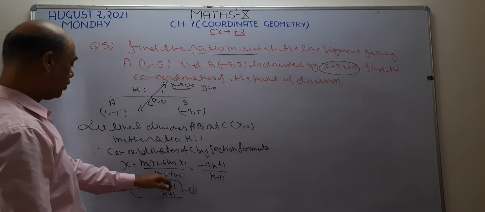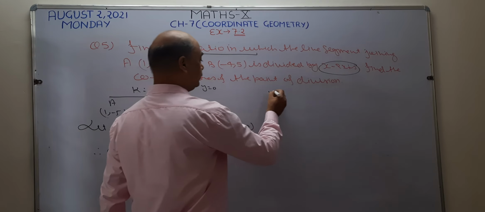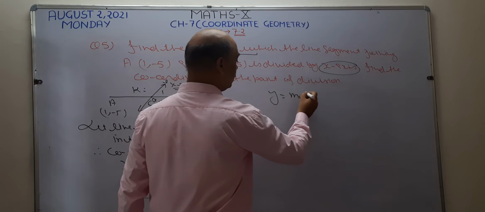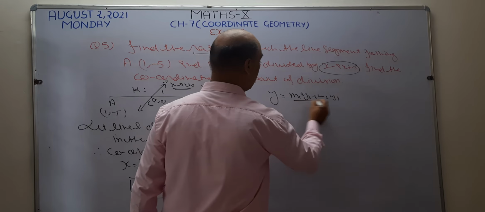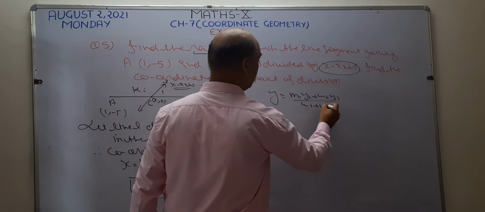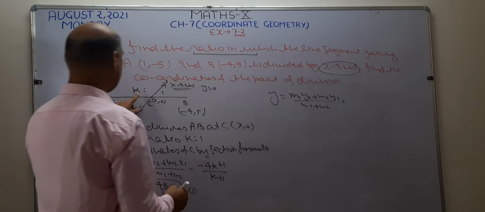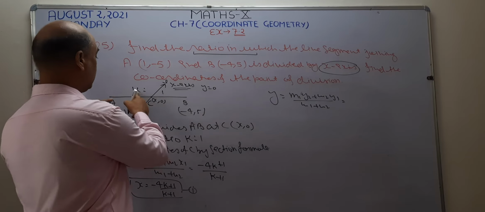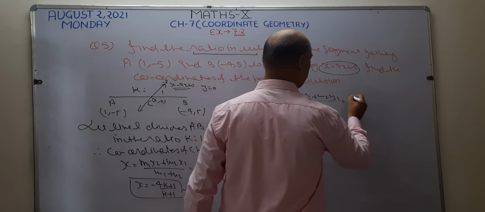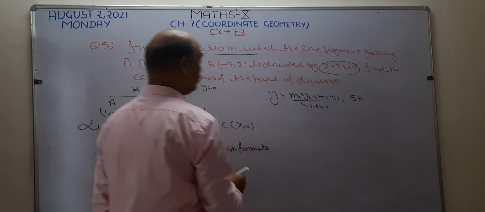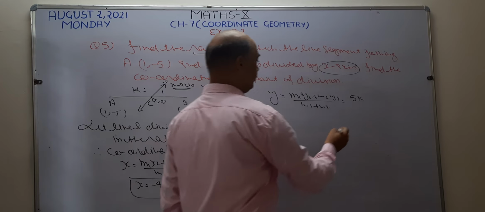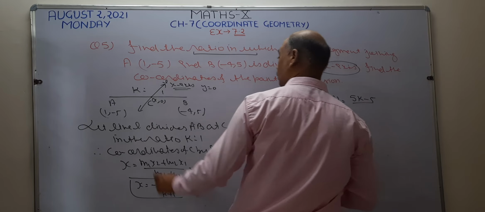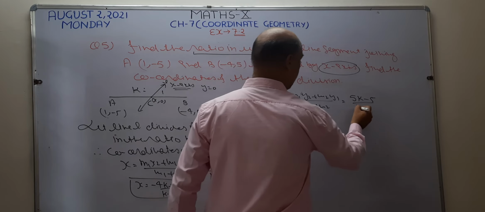Now I want to find the value of y. The formula is m1 y2 plus m2 y1 upon m1 plus m2. Now m1 is k and y2 is 5, so k into 5 becomes 5k. After that m2 y1: this is your m2 and this is your y1, 1 into minus 5 becomes minus 5, upon m1 plus m2, which means k plus 1.